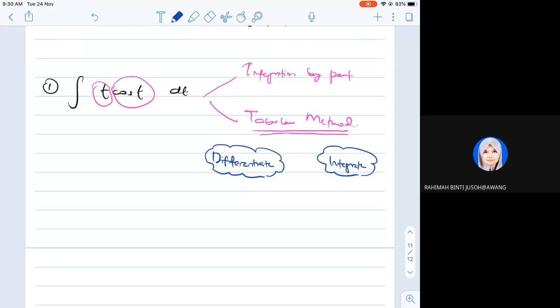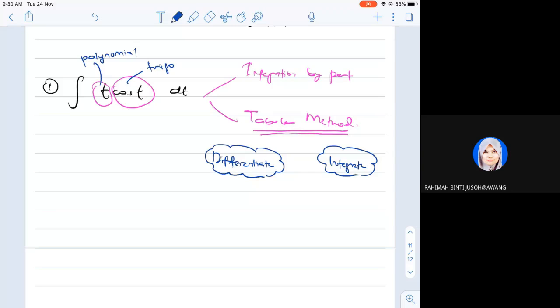Now let us categorize our function here. The function t is categorized as what? Polynomial, trigo, exponential. t is polynomial, right? And then cos t is categorized as trigo.